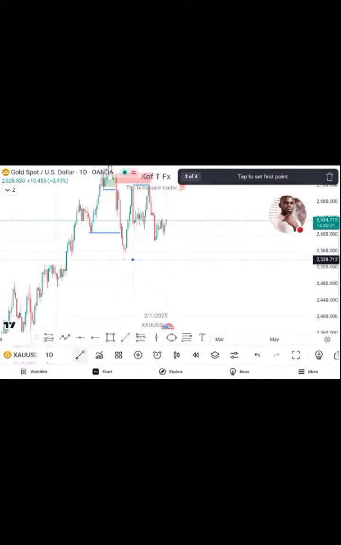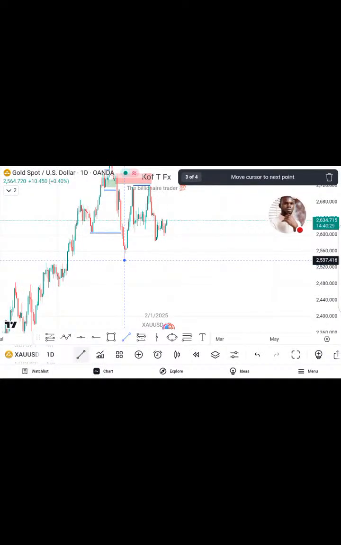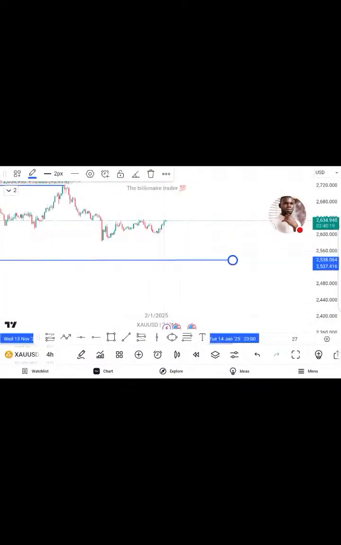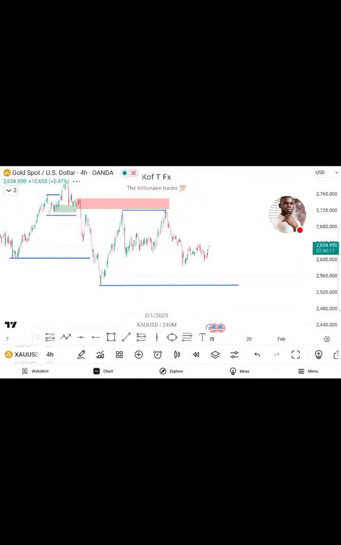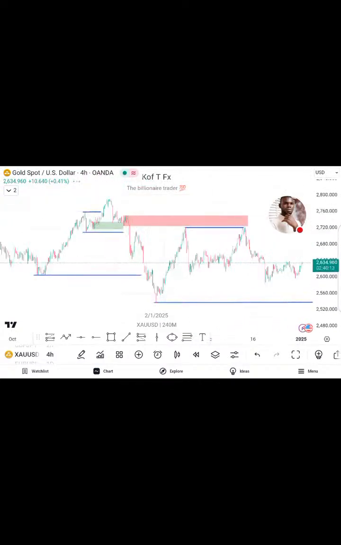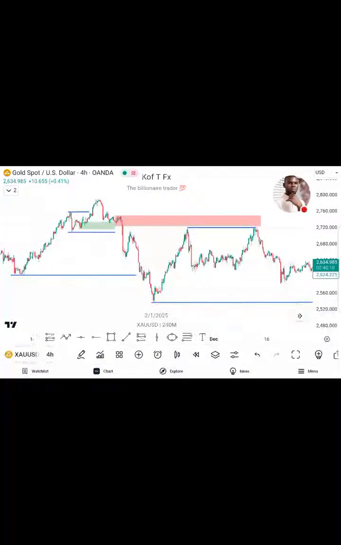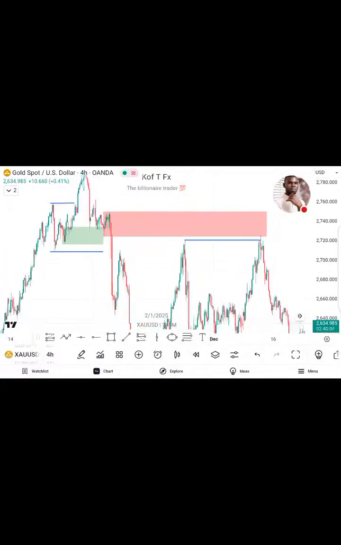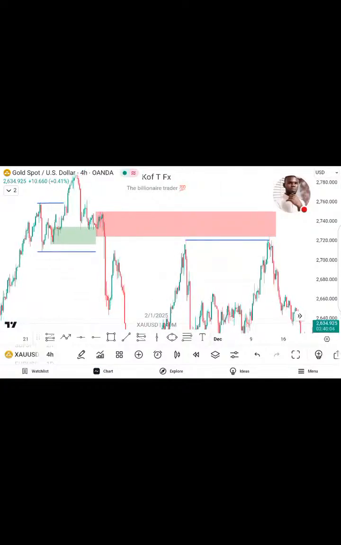my first target on gold is this. Okay, I'm still targeting it now. So let's go to the 4 hours time frame to check. This is the 4 hours time frame. On this 4 hours time frame, do we have a complete mitigation?